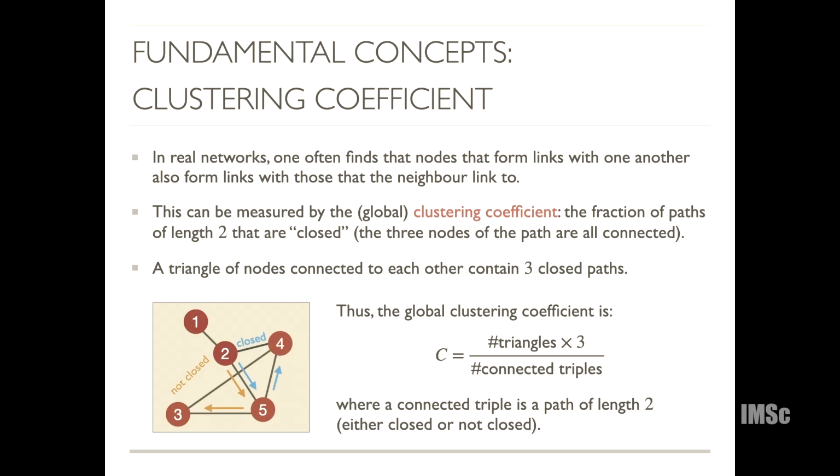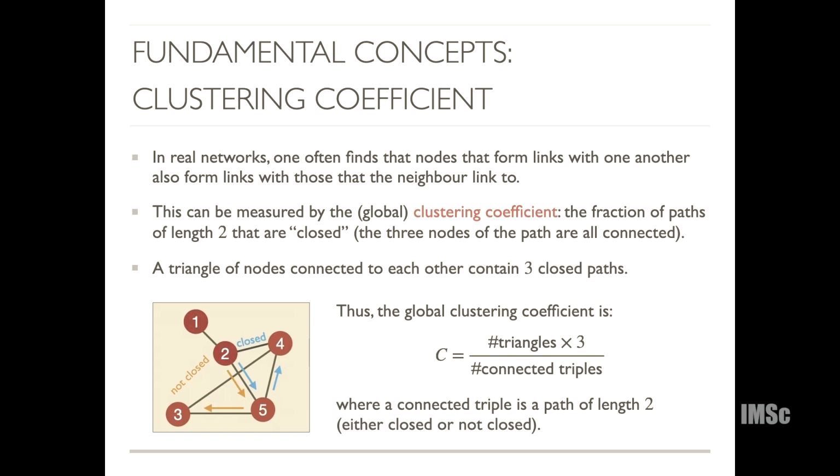One can measure this in terms of what's called the clustering coefficient. One can look at it from the perspective of the whole network, which is the global clustering coefficient, or from the perspective of each individual node, which is called the local clustering coefficient, which I'll come to in a second. But for the moment, just focusing on the global clustering coefficient.